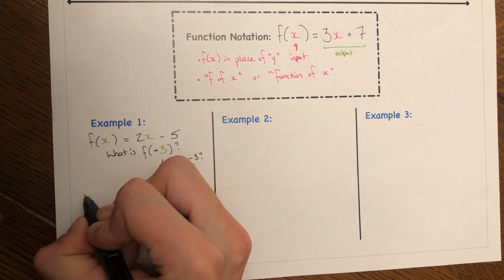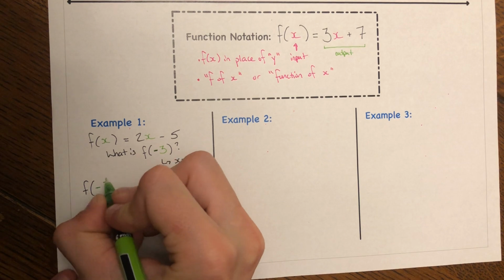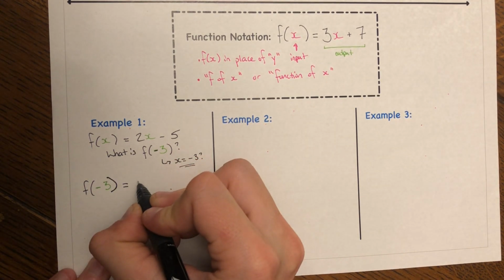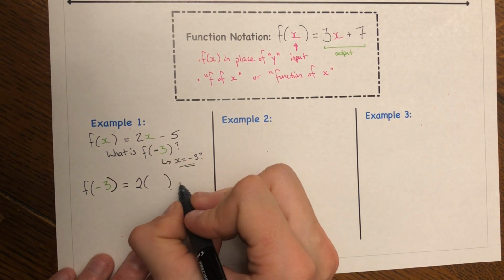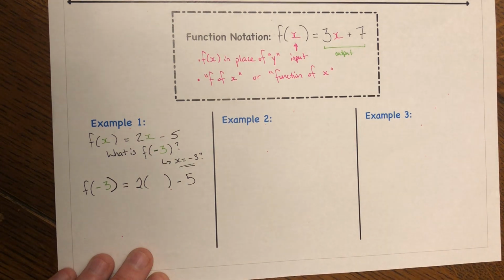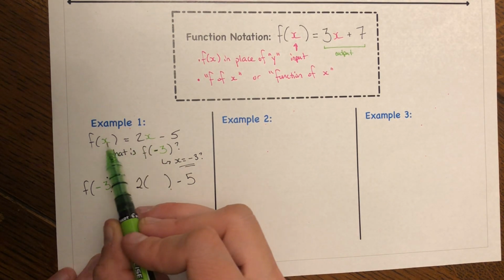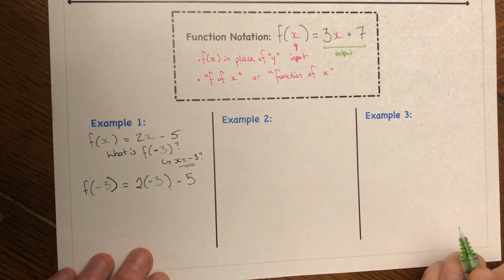I'm going to write and say, okay, I know I want to take a function of negative 3, and I know my function looks like this. It has 2, it multiplies it by my input, and it subtracts 5. And wherever I see that x, I'm going to replace that x with my negative 3, so it's consistent.